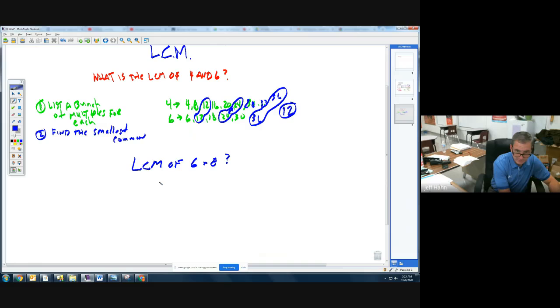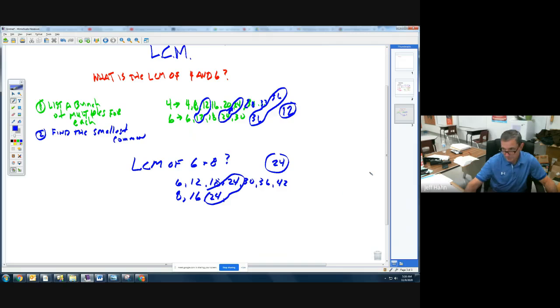Again, the multiples of 6 are 6, 12, 18, 24, 30, 36, 42. Multiples of 8 are 8, 16, 24. And really, once you find this first one, you can see right here it happened. 24 is my least common multiple.